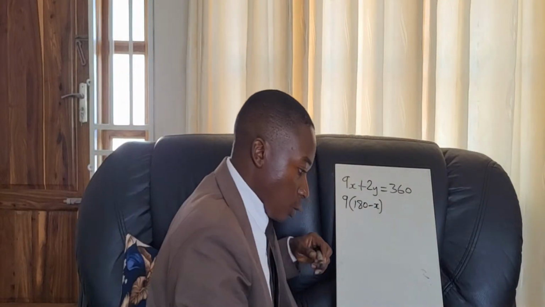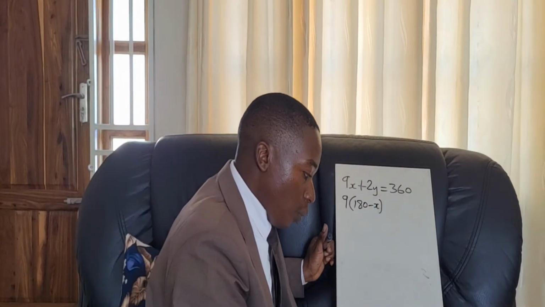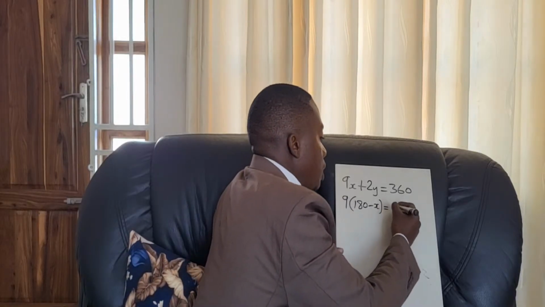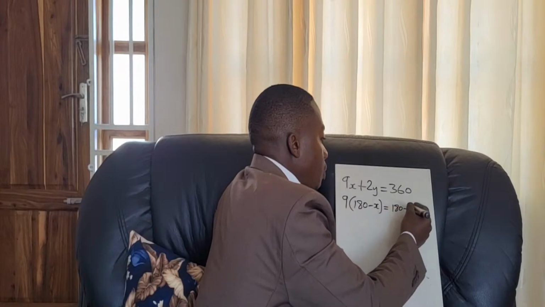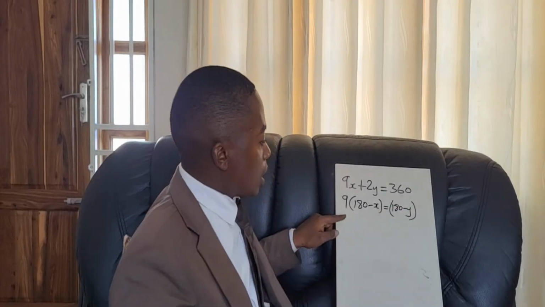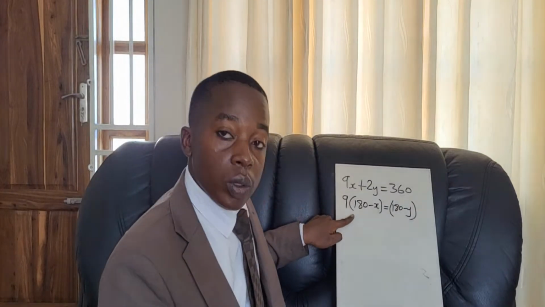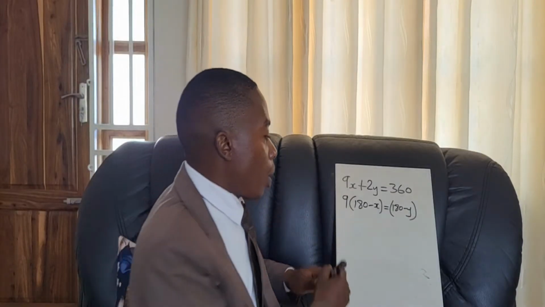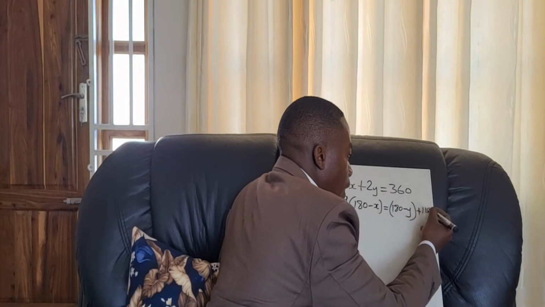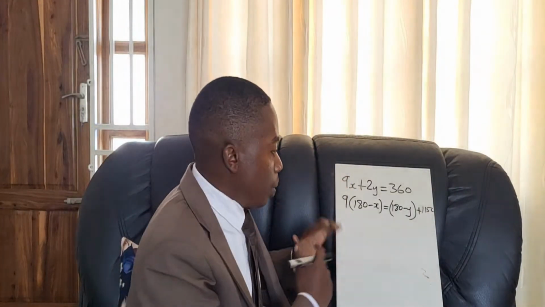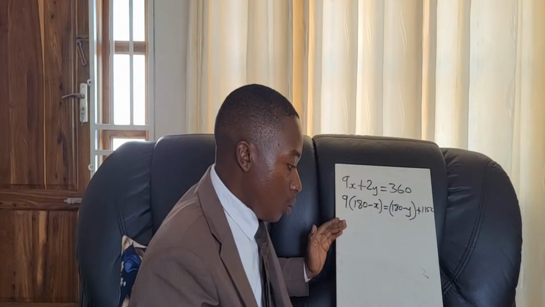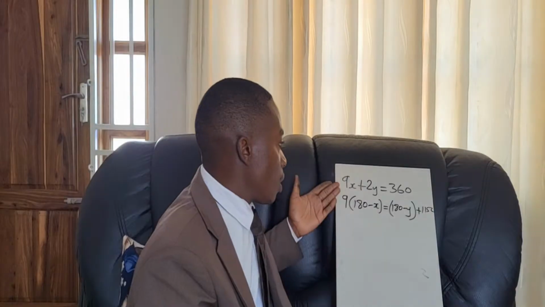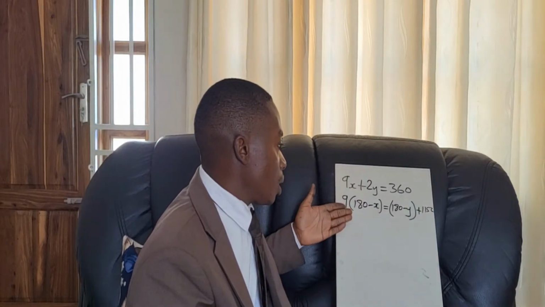They are 1152 degrees more than the sum of the 2 angles adjacent to y, which are 180 minus y. For them to be equal, we add 1152, then they will be balanced. So the first equation is that one, the second will be this one.